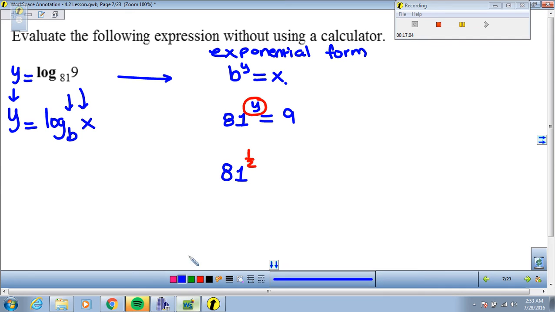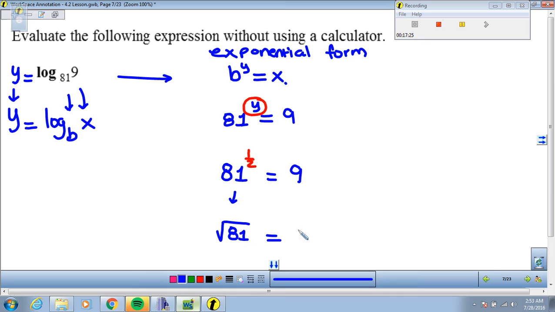And you may be like, again, 1/2, why is that? Because remember that this can be written as the square root of 81 due to what I told you right now. Where is the denominator of the fraction? It's the index of the root. It's a square root. Where is the 1 on the numerator? It's the exponent of the 81. But 81 to the first power is 81.